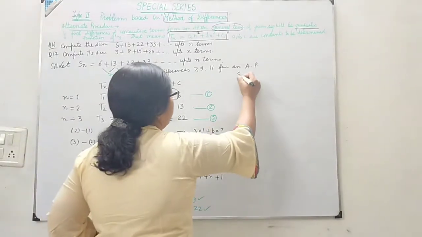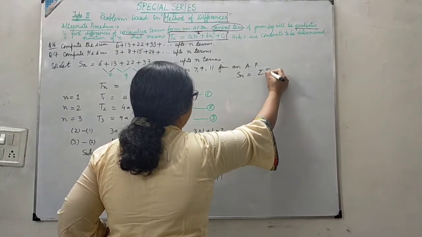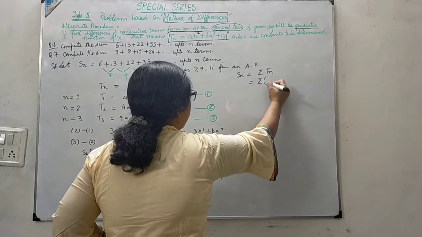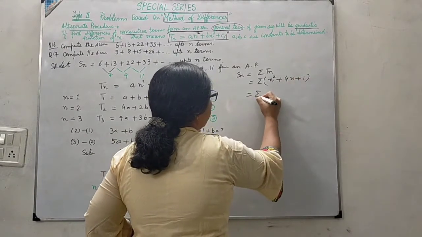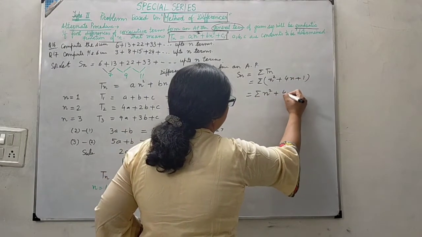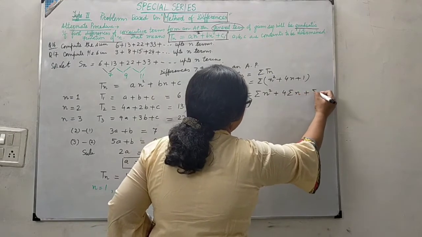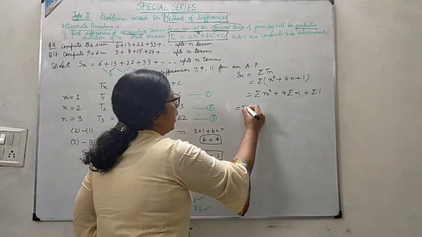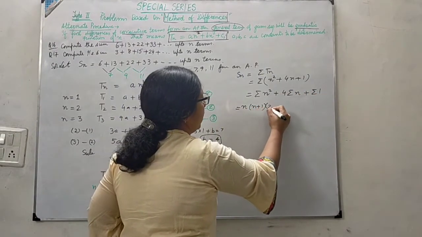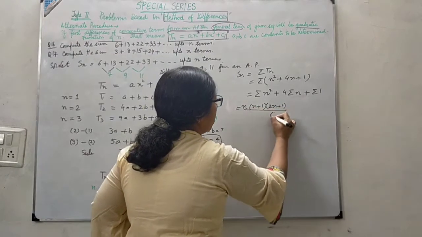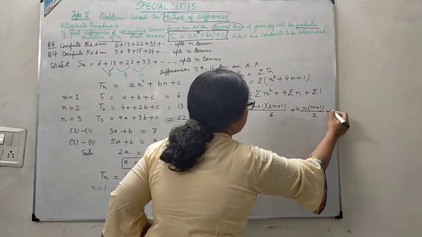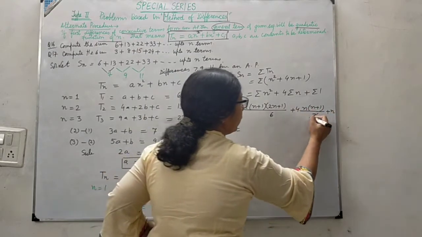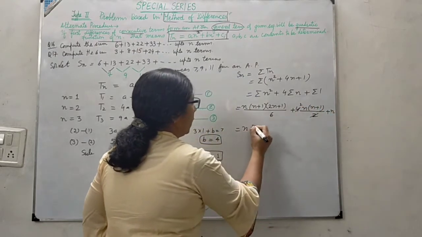Sn is obtained by taking sigma over Tn, and this is sigma over n square plus 4n plus 1, and after that operating the properties for sigma and sigma 1. This is n into n plus 1 into 2n plus 1 by 6, plus 4 times n into n plus 1 by 2, plus n. So we are left with taking n common.